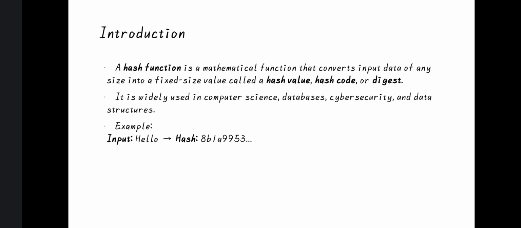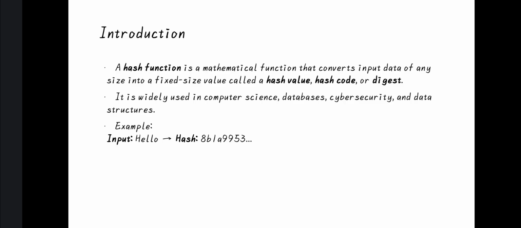For example, if you send the message hello, the hash function converts it to a hash value like 8PLA9953. It is used in computer science, databases, cyber security, and data structures.